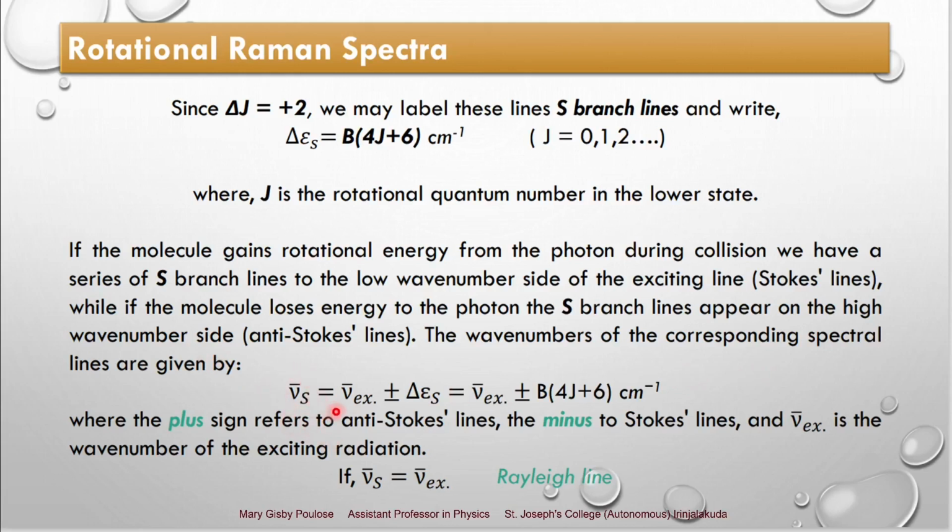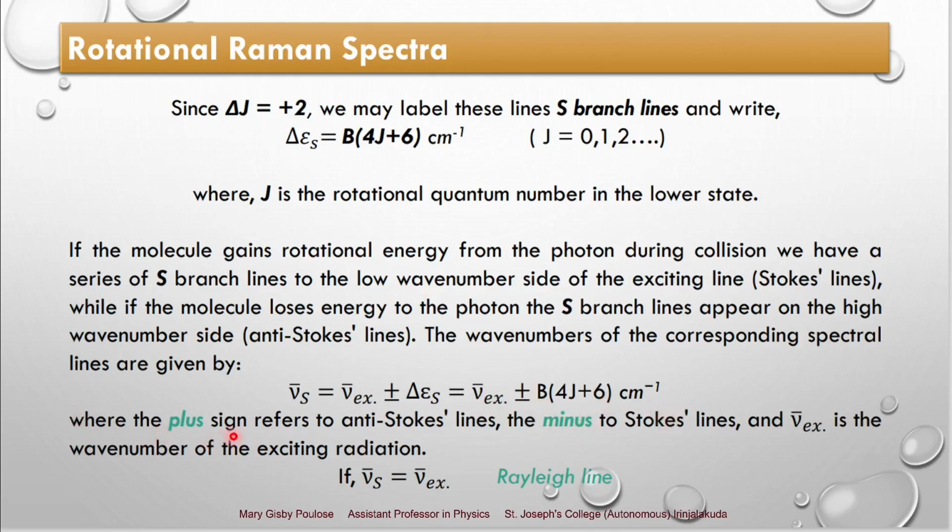So let us generalize this expression for the wave numbers of the S lines as nu bar of S is equal to nu bar of the exciting radiation plus or minus delta eta of S lines. That is, nu bar of the exciting radiation plus or minus B into 4j plus 6 centimeter inverse.